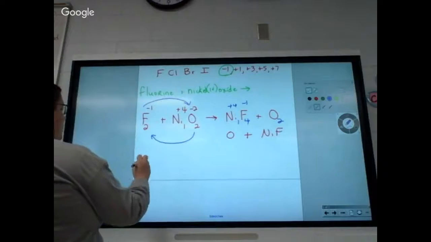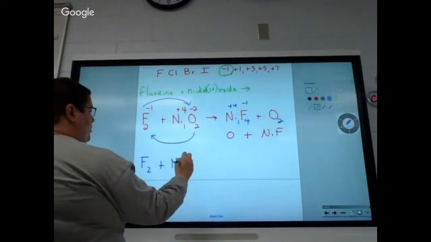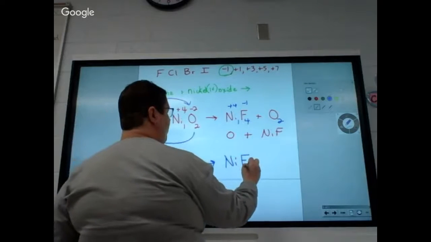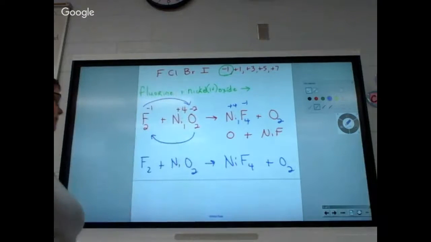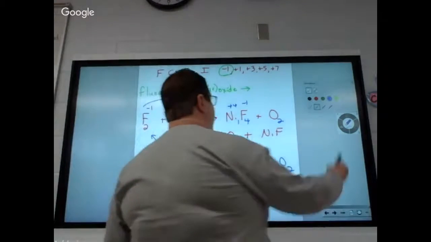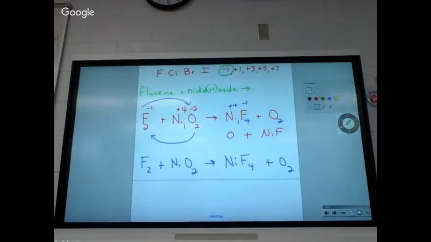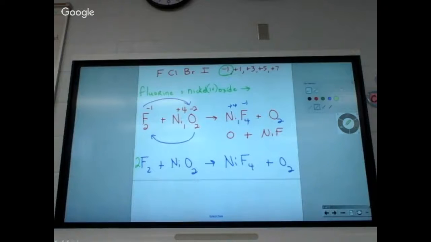So I've got F2 plus NiO2 yields NiF4 plus O2. All right, so from here, is it balanced? No. What's not balanced? What I need to do? Exactly. Exactly. And everything else is good.